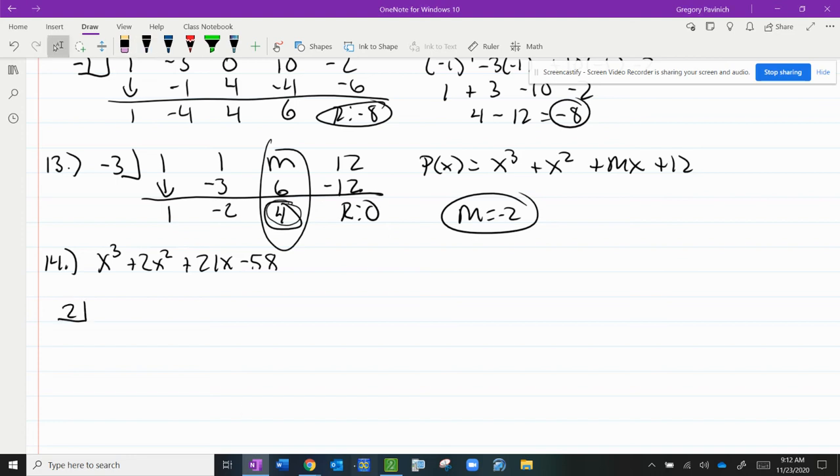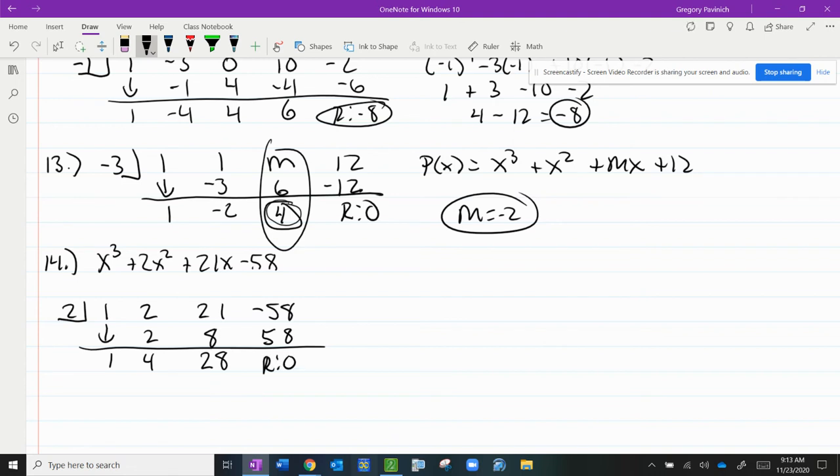Cool. So I'm going to break this down to a quadratic right away because it told me 2 is a root. Oops, didn't I say 28? Yeah, I said 27. My bad. 58. All right, so here's my quadratic: x squared plus 4x plus 28.